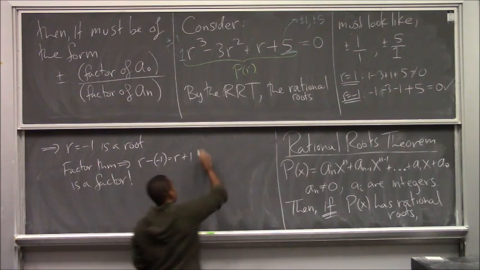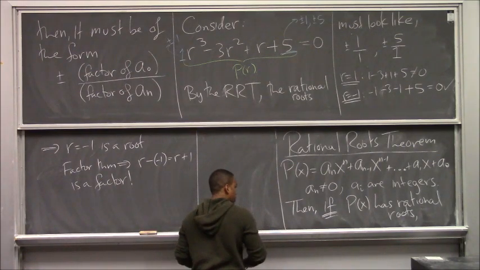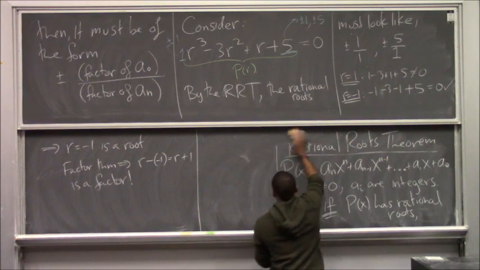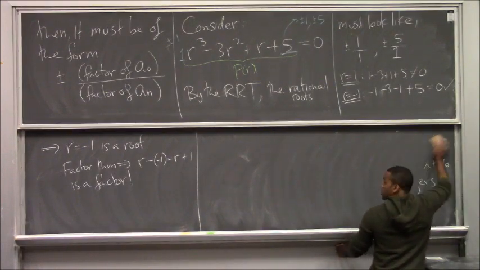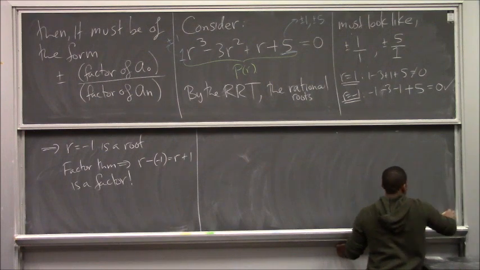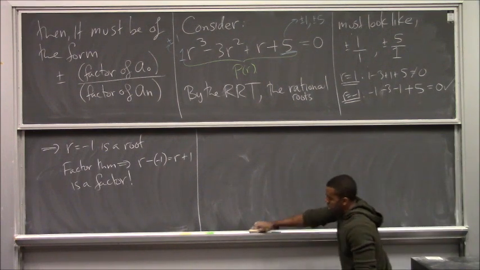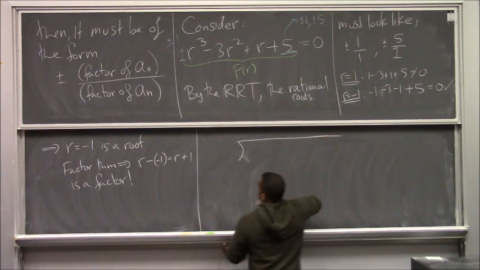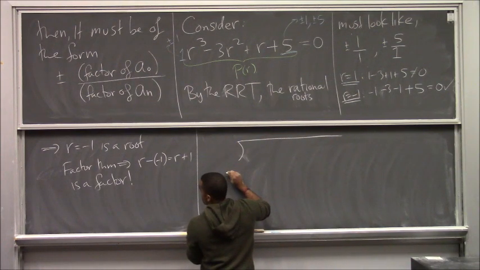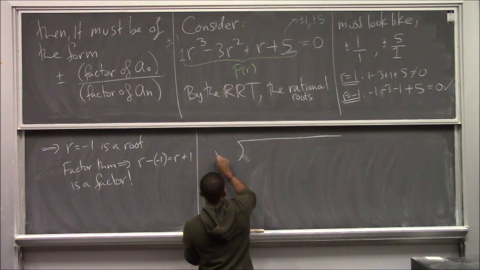What does it mean to be a factor? Well, here's where long division comes in, which I asked you guys to review. You should be able to divide this polynomial by that expression, r plus 1, and you will have 0 remainder, and hence a way to factor this guy.